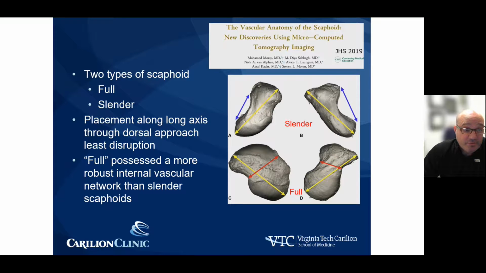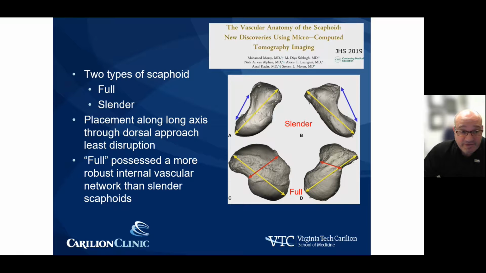Over the past 2-3 years, we have really learned more, complementing what was previously known from the earlier vascular studies of the scaphoid. Now we've been able to describe the vascular anatomy of the scaphoid using microsagittal CT. This was pioneered by one of my mentors, Steve Moran from Mayo Clinic, who in 2009 was able to demonstrate that there were two types of scaphoid. One was a full type scaphoid, and the other was a slender type scaphoid.